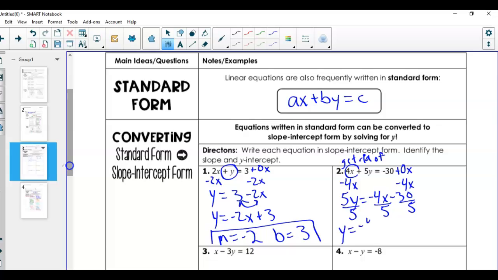So that leaves me with -4/5 x minus 6. Which means our slope is -4/5 and our y-intercept is -6.